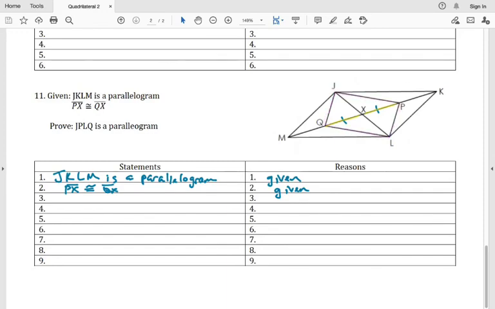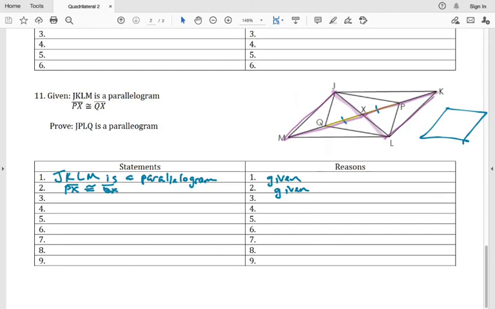All right, so let's see what we know. It would probably be helpful if I could prove that triangle JMX, which is this triangle right here, is congruent to this triangle right here. If I could prove that, then I could get a set of opposite sides that are congruent to each other, and probably that they're parallel as well.